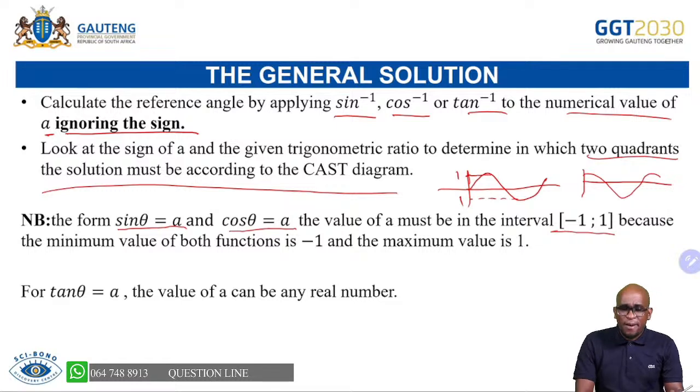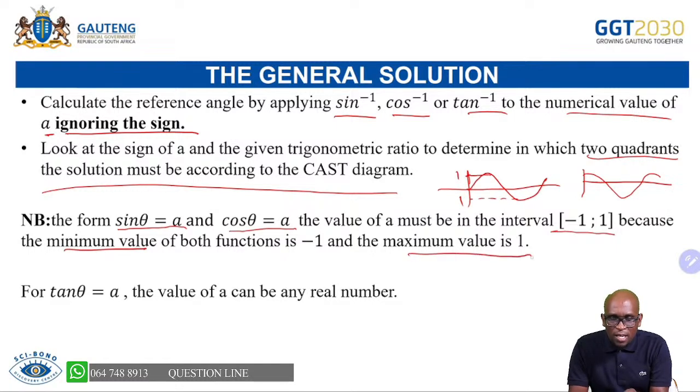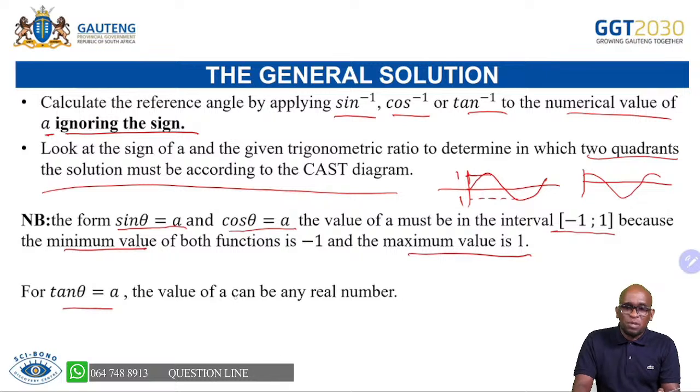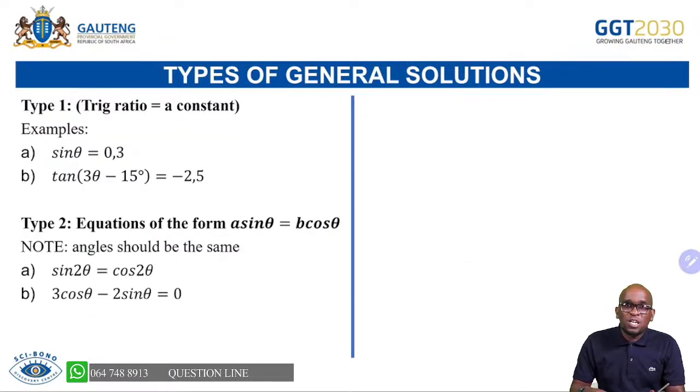Similarly, the cosine function also ranges between -1 and 1. So we need to note the minimum value is -1 and the maximum value is 1. For the tangent, A can be any real number. It has no amplitude.